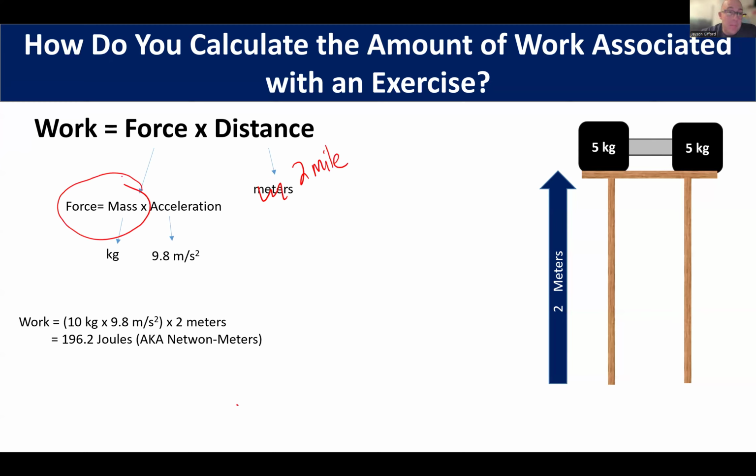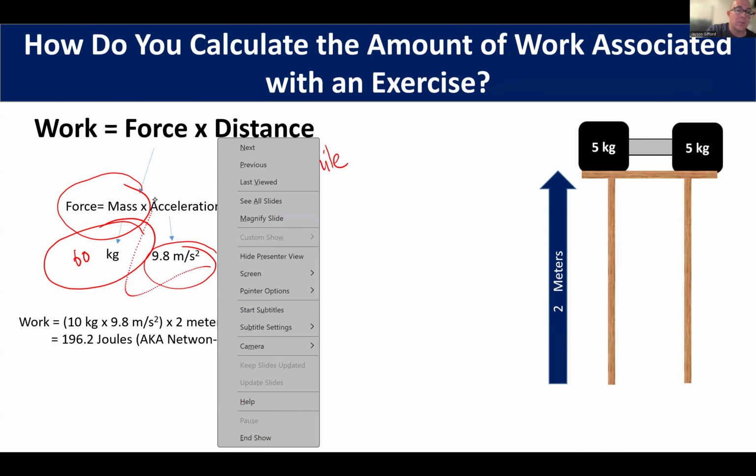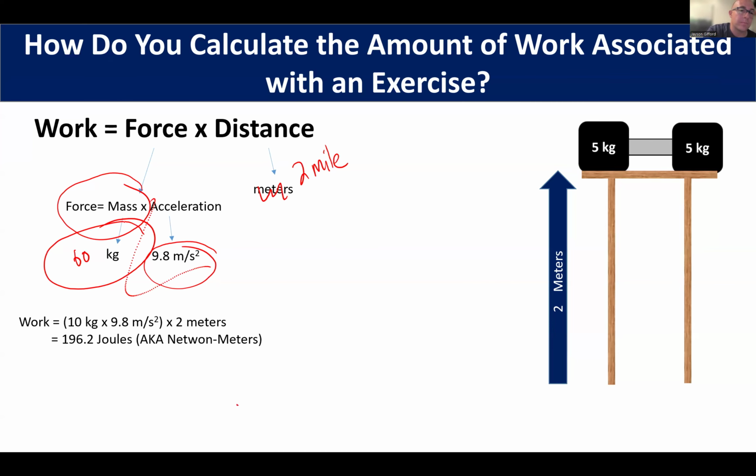It's actually your body mass, the mass that you have to lift off of the ground with each step. So if you weigh 50 or 60 kilos, we would put 60 kilograms in there. And then the acceleration here is still gravity. That is our main thing. So in terms of how many calories you burn going around the track, it's mostly determined by how far you walk and how much you weigh and how much you're lifting with each step. Okay.